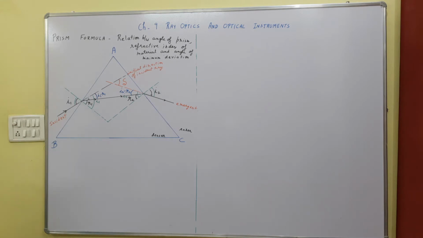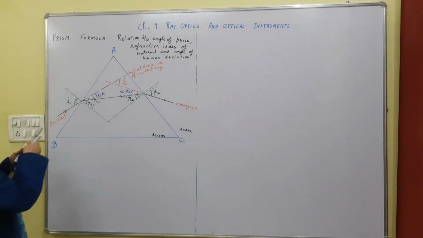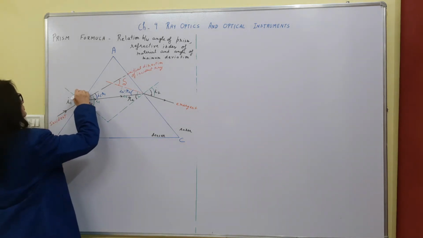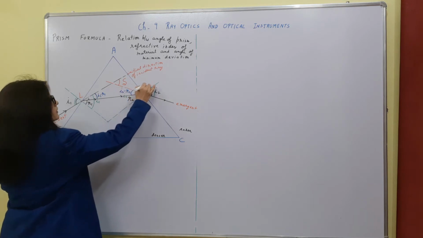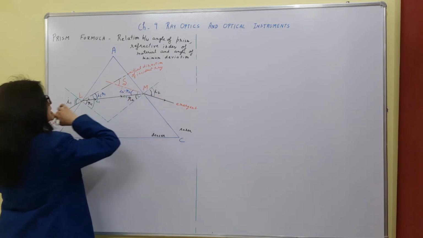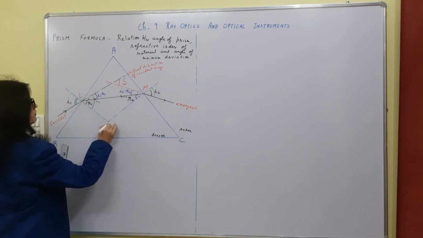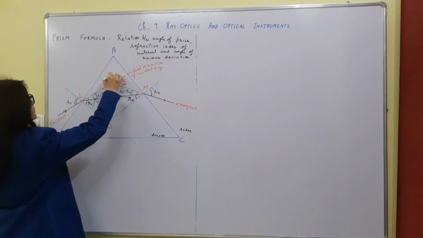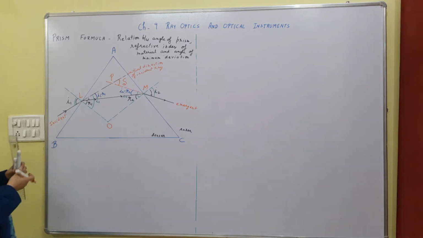Let's mark the different points. This is L, this is M, this is O, this is P, suppose, right?